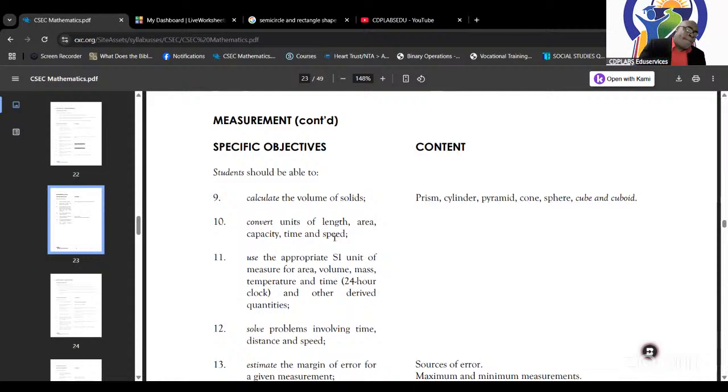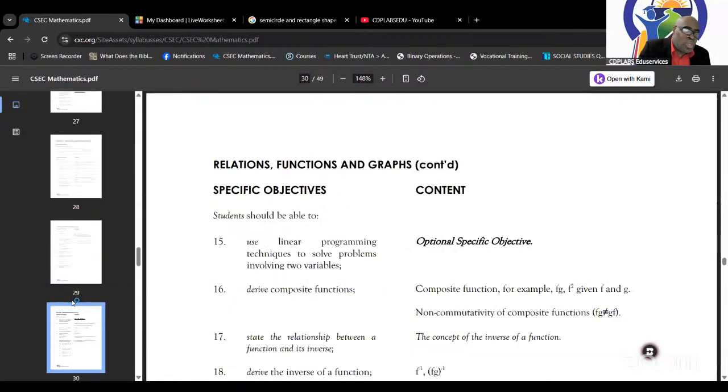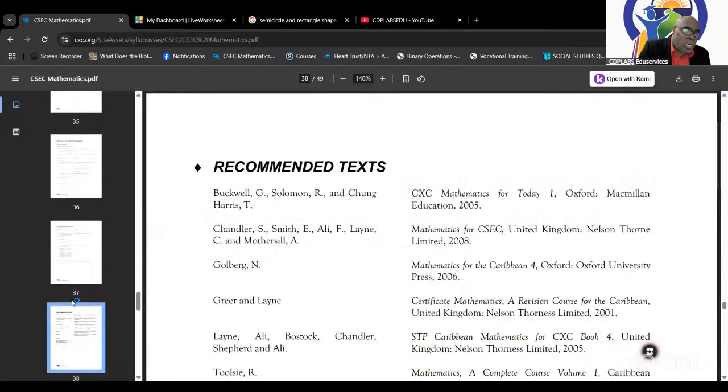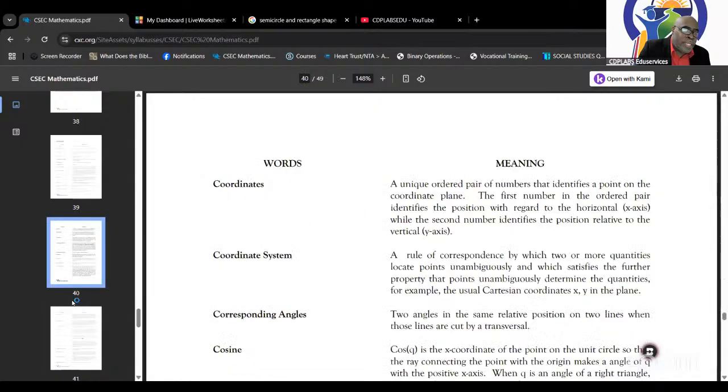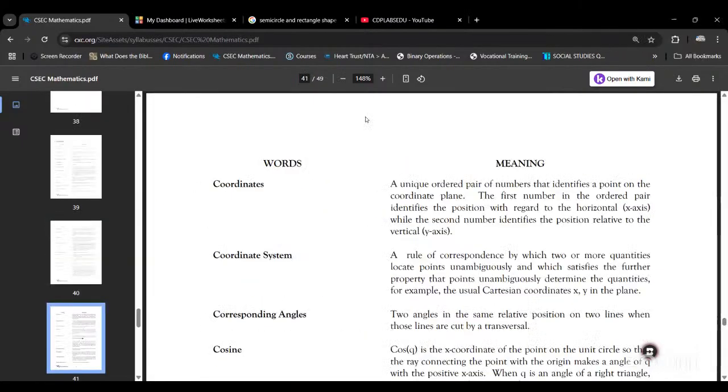That's basically what we're doing: going through the syllabus, using it to run through the objectives and see how we can learn from that. For homework, watch those measurement videos.